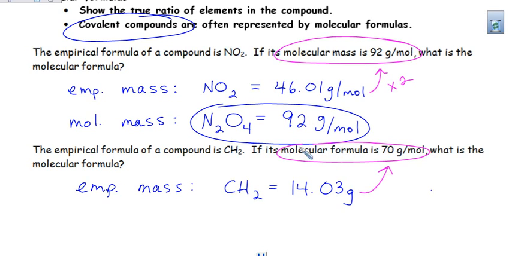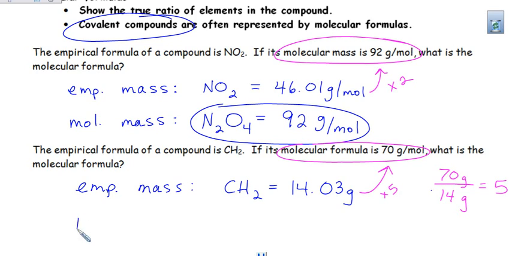Now again, sometimes it's obvious, oh, I double it. Sometimes it's not. So you could always just plug it in your calculator, take the larger mass and divide by the smaller mass. It's approximately 14. And it should give you a whole number, or at least really, really close to a whole number. 70 divided by 14 is about 5. So if I take my empirical formula and multiply by 5, I should get my molecular formula.